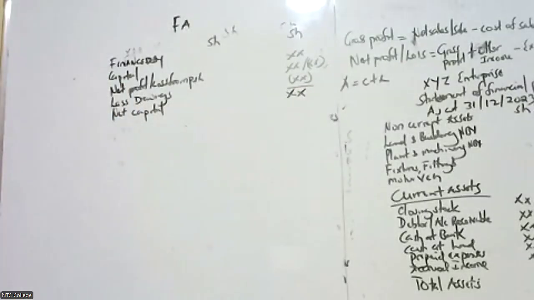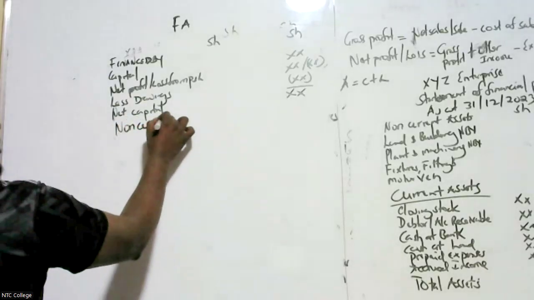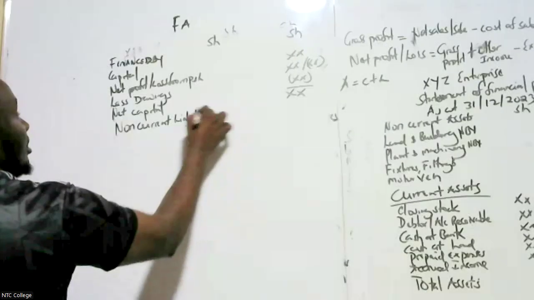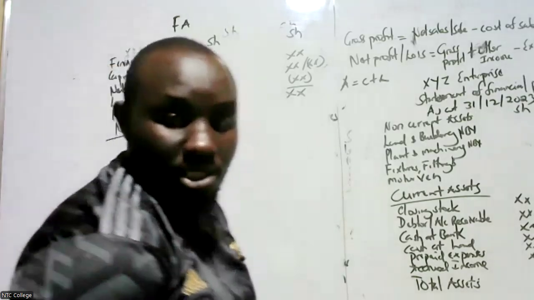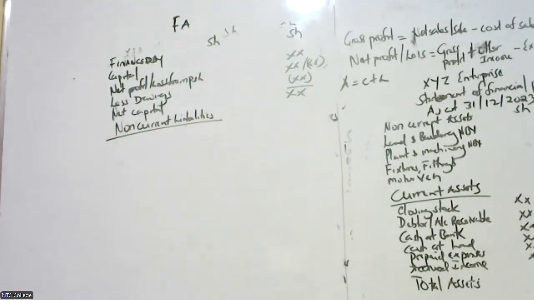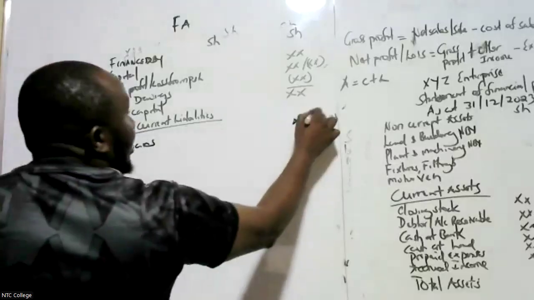So then we go to what's called the non-current liabilities. The non-current liabilities are essentially the long-term loans. We can talk about loans. We have it there.